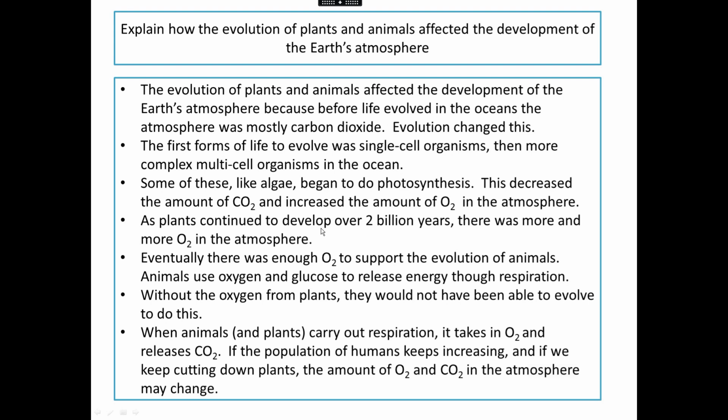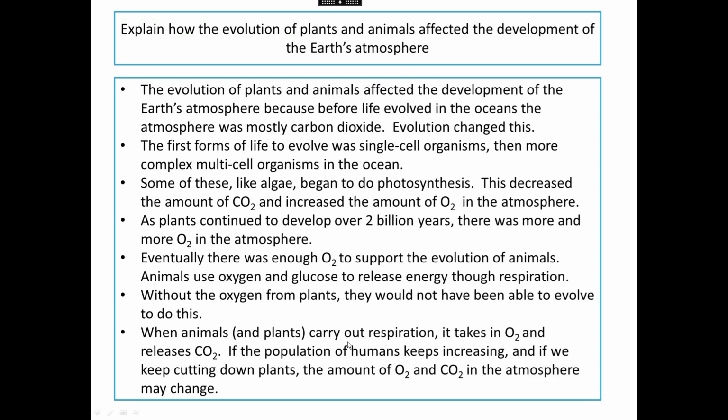As plants developed over 2 billion years, a lot of the Earth's history is taken up by plants evolving and spreading through the oceans, more and more oxygen in the atmosphere, and eventually there was enough to support the evolution of animals. Animals need oxygen and glucose from plants, oxygen from the air, glucose from plants to release energy through respiration. And without the algae, without the plants in the ocean, animal life would not have been able to evolve.